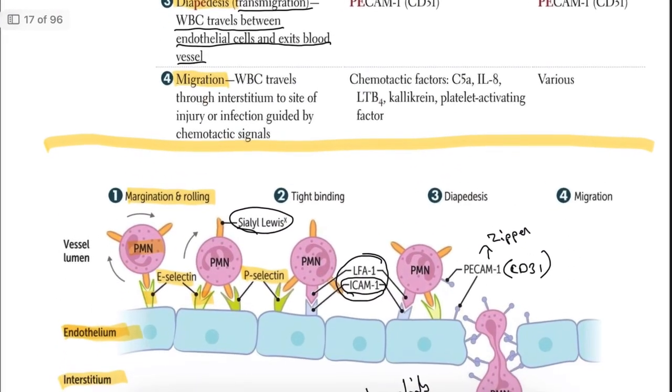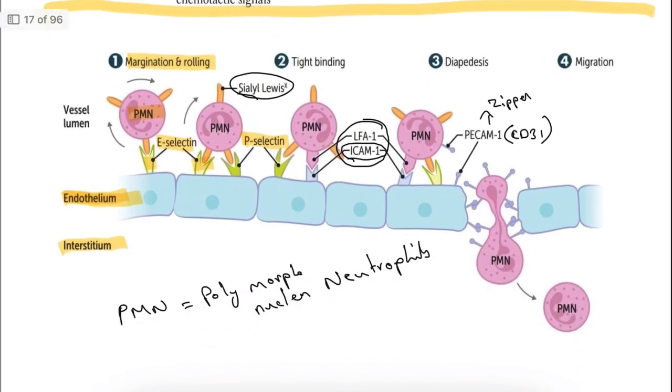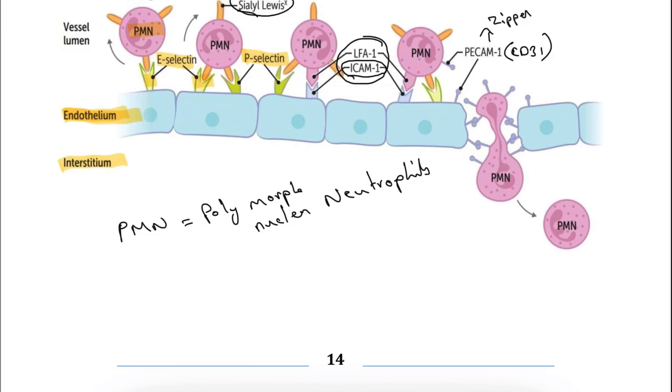Next one, migration. In migration, once the WBC, that means white blood cell, is in the interstitial tissue, it migrates toward the site of injury or infection. So when the polymorphonuclear cell comes to the interstitial space, it migrates towards the site of injury or infection.